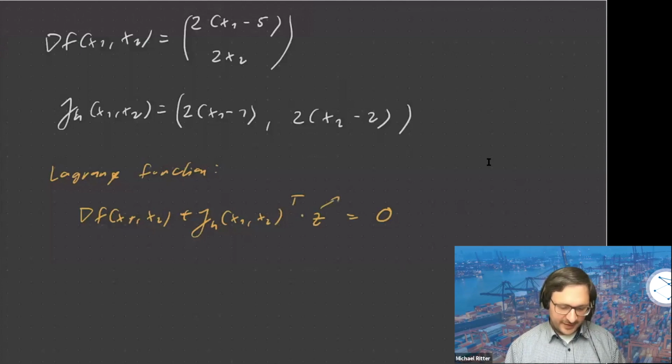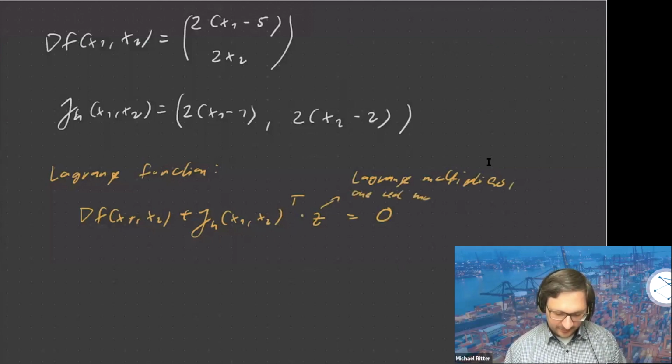And this Z here, that is called the Lagrange multipliers. And that is usually a vector, so there is one real multiplier per constraint, right?